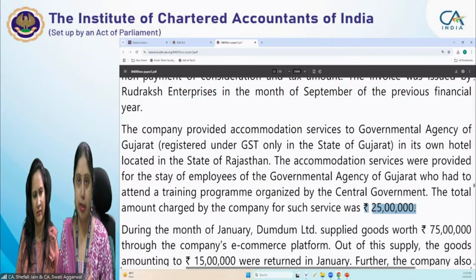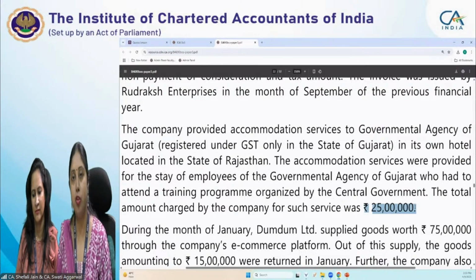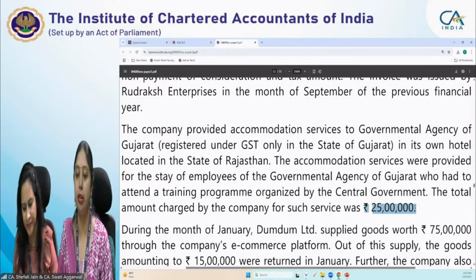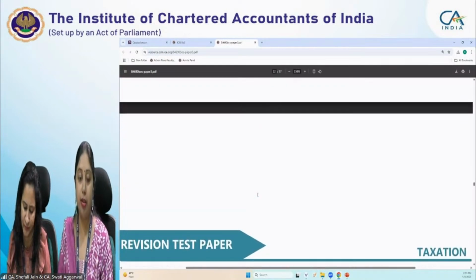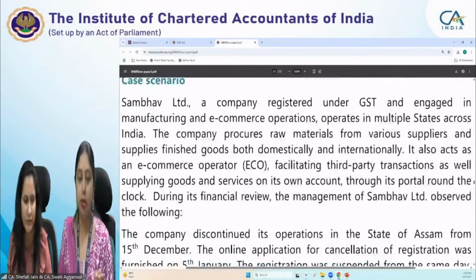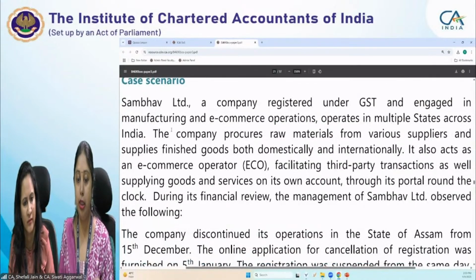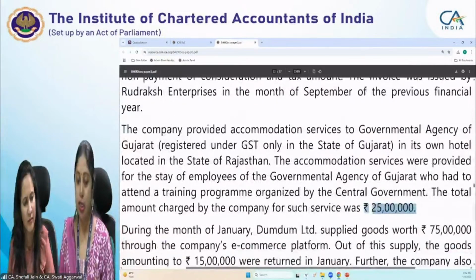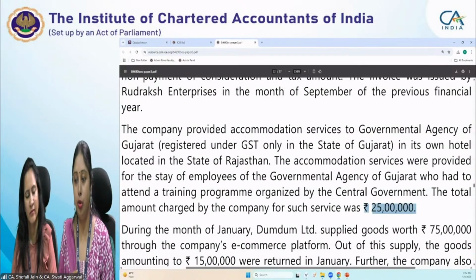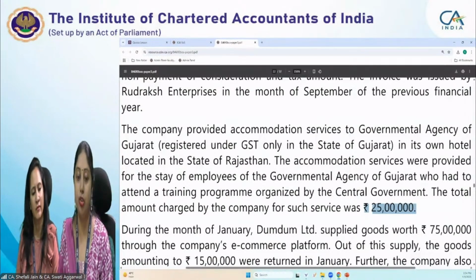So, accommodation service was provided to governmental agency of Gujarat. The supplier which we are dealing with is registered in all the states where he is providing these services. Okay. Location of hotel is Rajasthan.